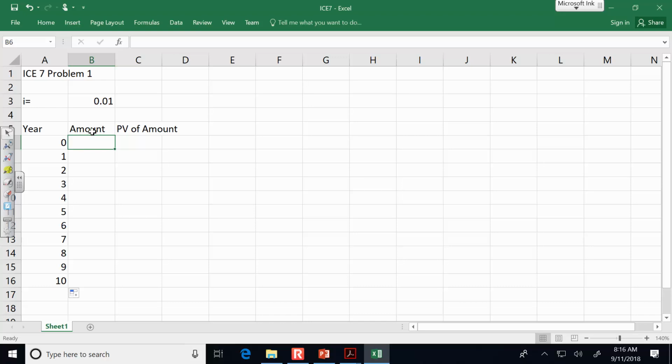All right, amount. In year 0, we have negative 60,000. And then all the rest of them are 16,000. I don't have to type that over and over again. All I need to do is click in that corner location and drag it down, and it will fill all the rest of them with the same 16,000. So here I'm clicking and dragging.